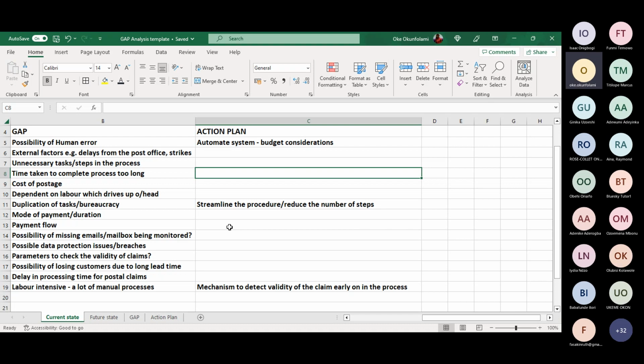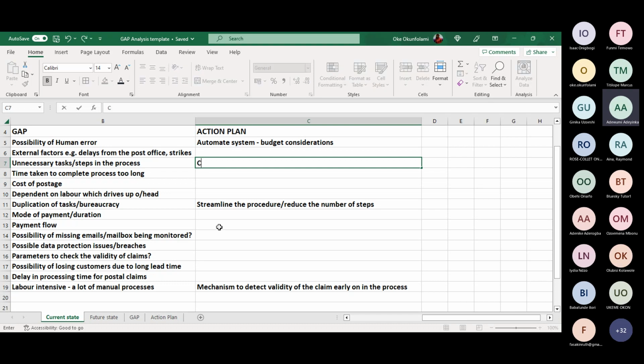Any other hands up? Adewumi. Yeah, I was going to say for the payment flow, there's a possibility of employing the service of a third-party organization. Because as you know, there are different kinds of payments: PayPal, credit cards, debit cards, instrumental payments, vouchers and all that.